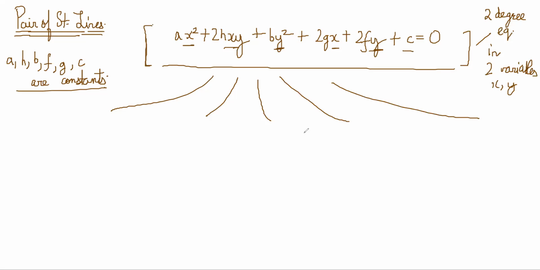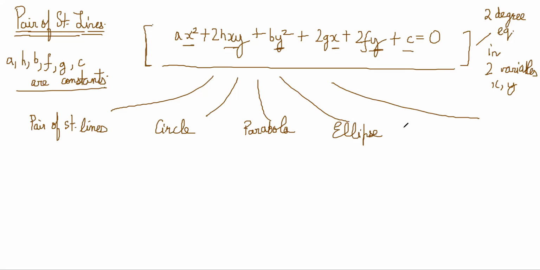Now this is what we are trying to understand. What happens is in different situations, this equation becomes either a pair of straight lines, or a circle, or a parabola, or an ellipse, or a hyperbola.